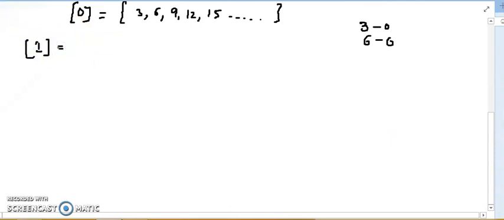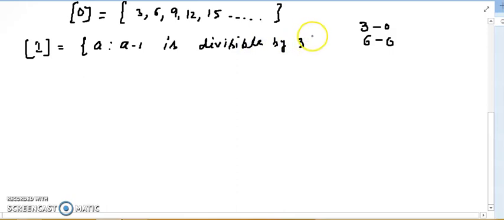Equivalence class for 1, let's find out. a such that a minus 1 is divisible by 3.